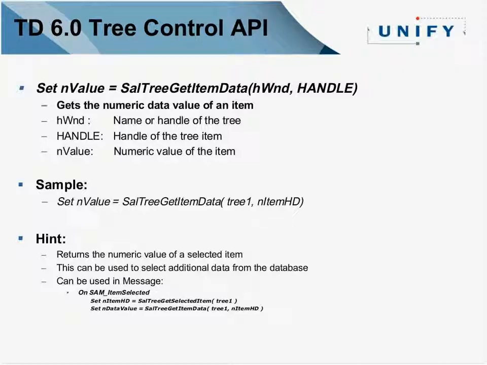Based on this, I get back the unique data from this item, not the text of the item, because someone can change the text. It's not really unique inside the tree, but the item data is every time unique, and you can find it again.